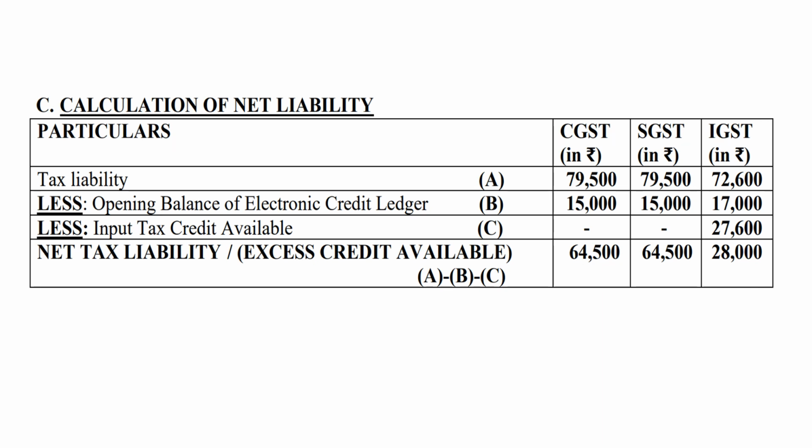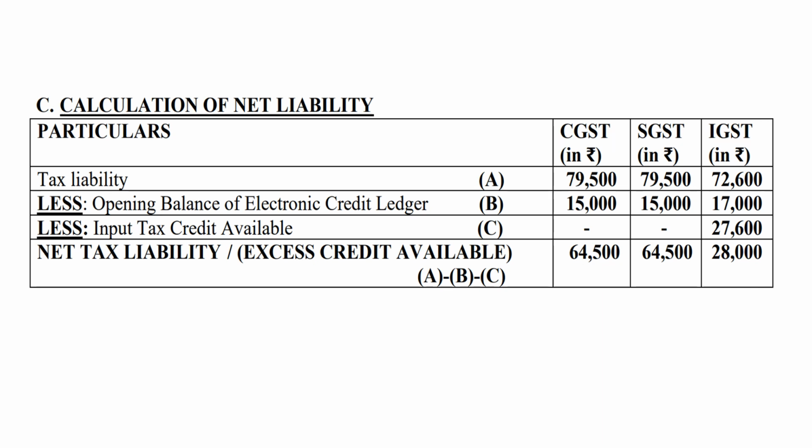Less input credit available in C. The input credit available, we have just taken that 15,000 amount which is the opening balance, so again we are not going to write it. Same with SGST, this is the opening balance, so we are not going to mention it here. Some students make the mistake of writing this again, so their answer will not be correct. They take minus 30,000, which is wrong. You don't have to put anything in the C, because the opening balance you have already put in your input credit balance.